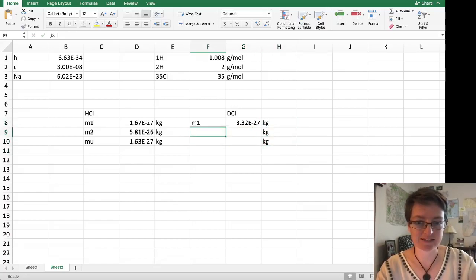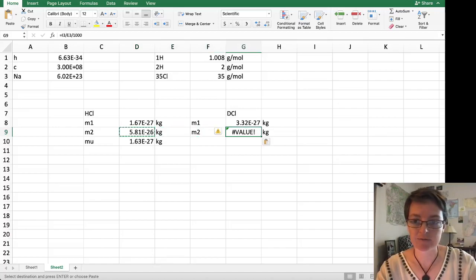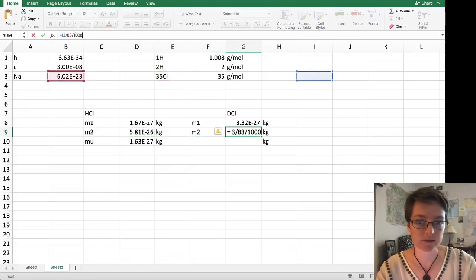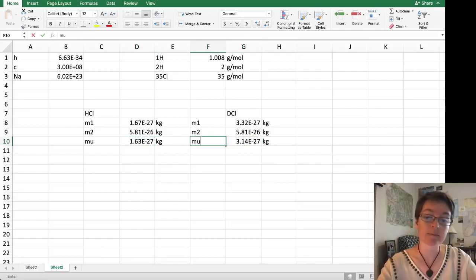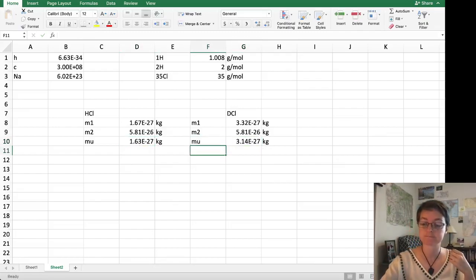M2 should be the exact same. And our reduced mass is going to be calculated using the same formula, but we'll see that our reduced mass for DCl is a little bit bigger than that for HCl.